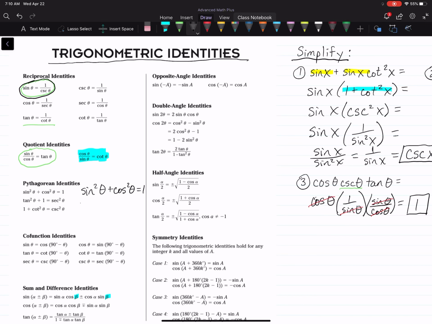You can also rearrange it where sine squared theta equals 1 minus cosine squared theta. Or you could rearrange it to where it says cosine squared theta equals 1 minus sine squared theta. So they are rearrangeable. You don't have to do it a certain way. It doesn't have to look exactly like it is. You can move things around if it helps.